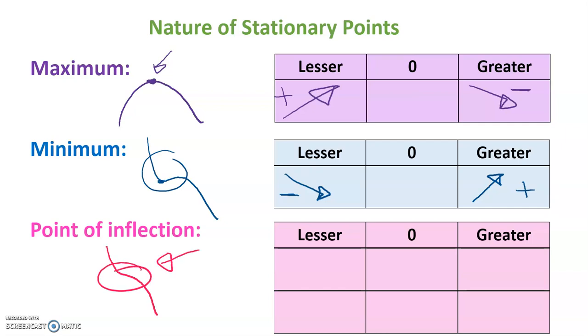That is a stationary point, and we call it a point of inflection because the slope doesn't change on either side of the stationary point. So if it's negative here, that is before the stationary point, it's also negative after. Or if it's positive before the stationary point, it's also positive after. That is when you know you have a point of inflection.